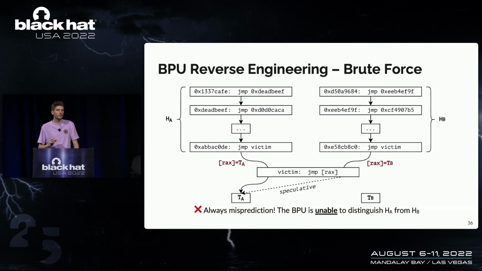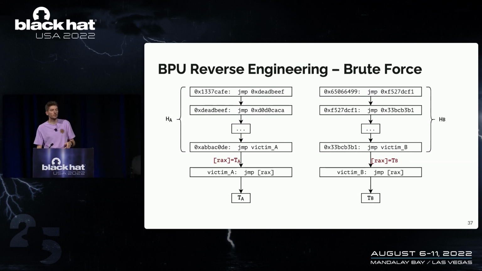In other words, in the silicon, the branch prediction unit wasn't able to distinguish history A from history B. You can clearly see the values are different, but since they are hashed in a single register, they collide to the same value. From the perspective of the CPU, they are identical, so it always performs this misprediction. For us as an attacker, this is perfect, because just by controlling history B, we can accurately perform misprediction to the target we want.